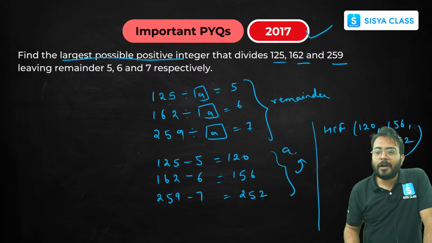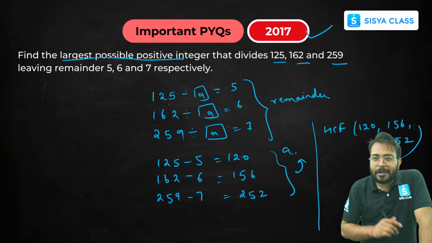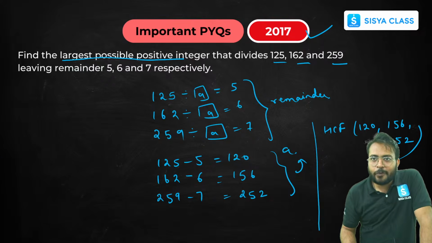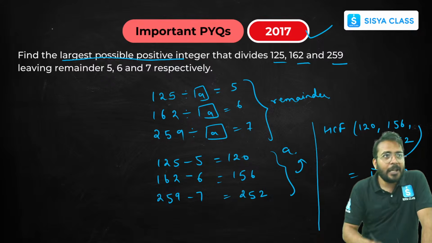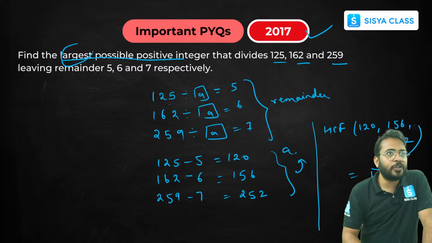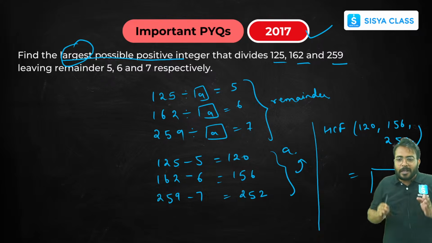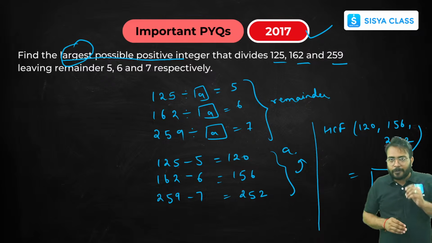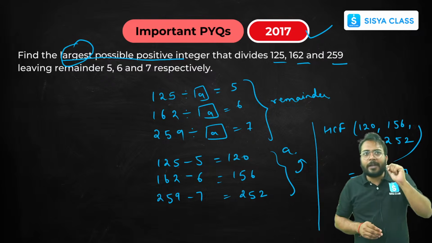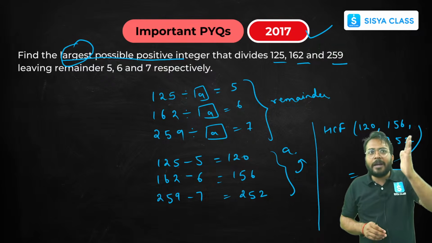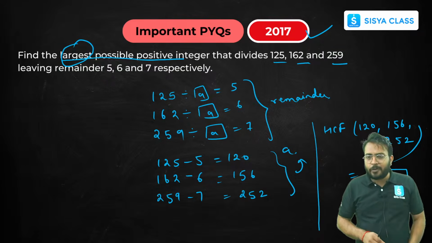All right, that means whatever HCF you will get, this is the greatest number, yes or no, the largest possible integer. So whatever HCF you will get, that is going to be the greatest number which divides 120, 156 and 252.